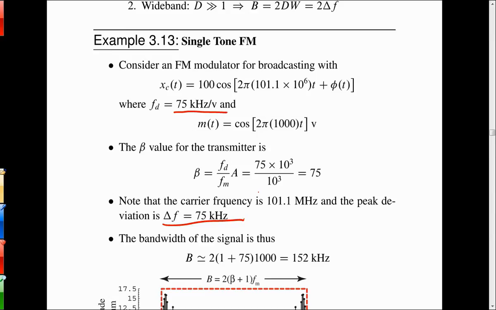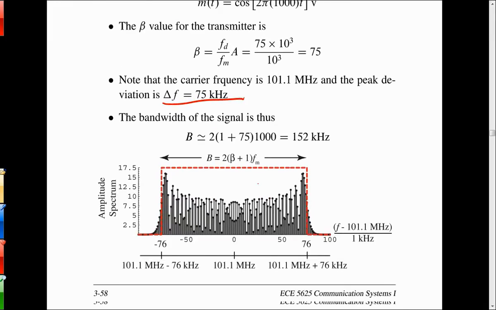It's going to push the carrier frequency up by 75 kilohertz, or down by 75. That makes beta 75. That makes the bandwidth occupied by the signal 1 plus beta, or 1 plus D in this case, times 1 kilohertz, and then times 2 for the double sideband part of it. So 152 kilohertz.